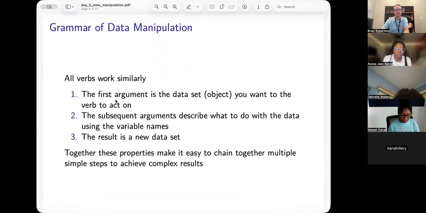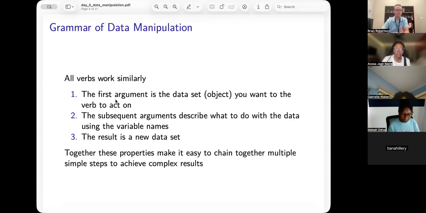So we've kind of gone over this already before, right? All verbs sort of work similarly. The first object we start with, our noun, is our data. We pass that into a function. That function does something to the data, and then it spits out something, right? So if we're dealing with data functions like filter, summarize, mutate, they're going to pass a data object.